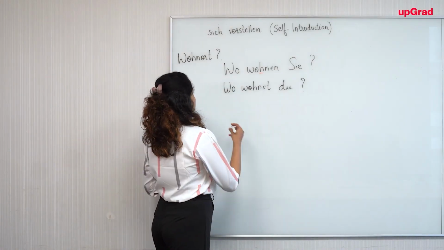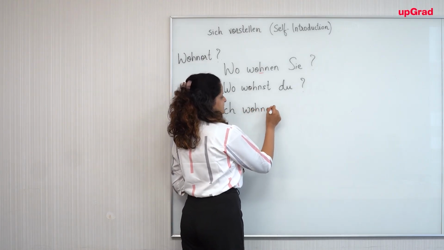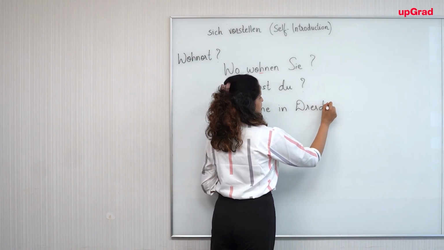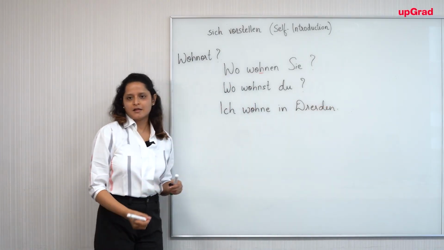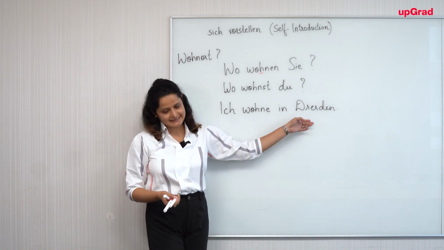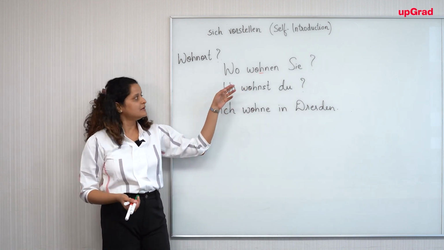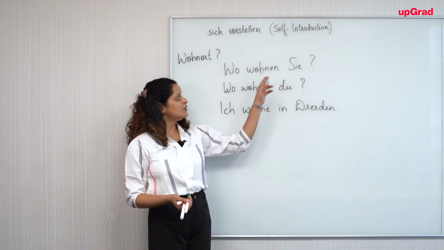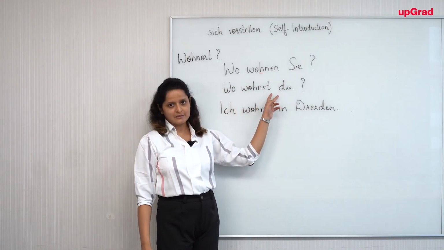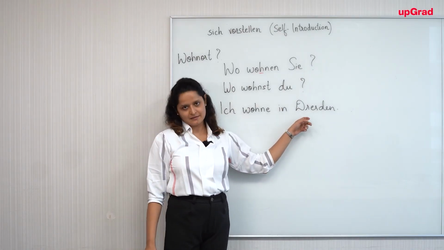The answer to that becomes ich wohne in Dresden. Okay, so here you can use the name of any city that you live in. The question will remain the same. This is wo wohnen Sie, formal. Informal is wo wohnst du. The response to that becomes ich wohne in Dresden.